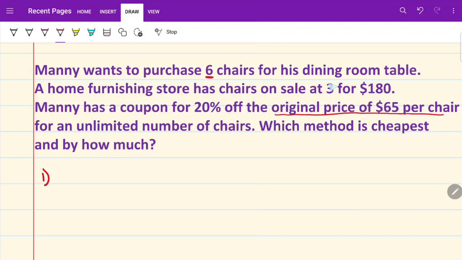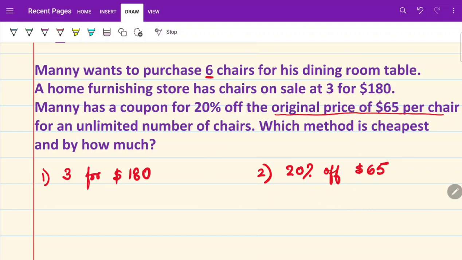The other one is to use a coupon for 20% off the original price of $65 per chair, and Manny can buy an unlimited number of chairs with that coupon.